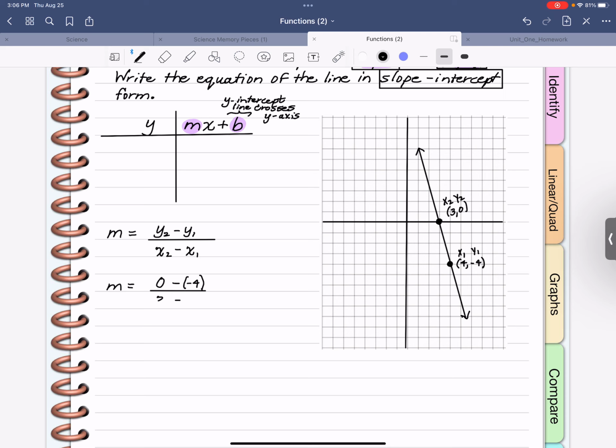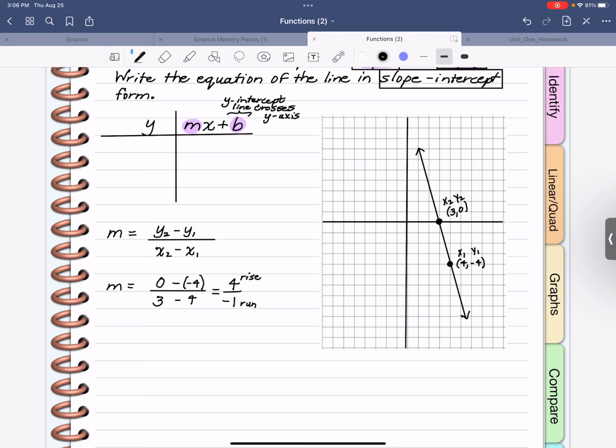X2 was 3, and x1 was positive 4. So 0 minus -4 is 4, and 3 minus 4 is -1. So that is going to mean that when I rise 4, I run 1.